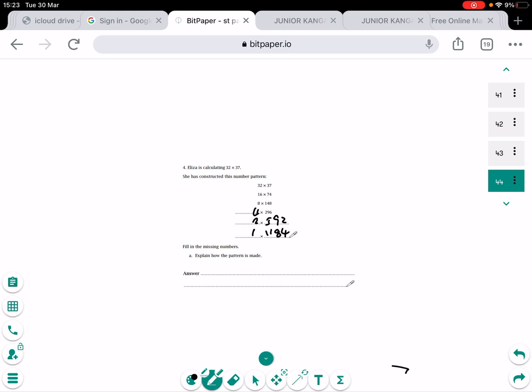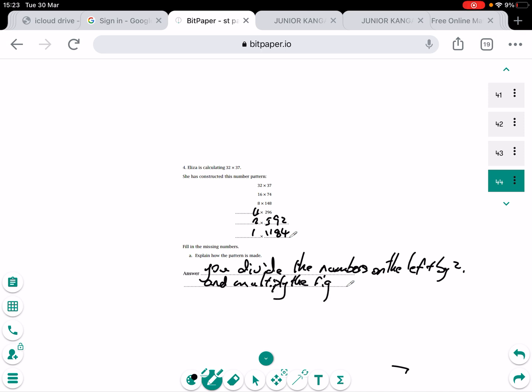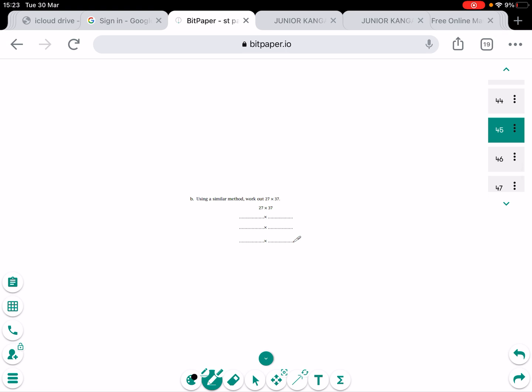Just as I said, if you divide the numbers on the left by 2 and multiply the right by 2. Okay, so for question 45, we need to use a similar method.